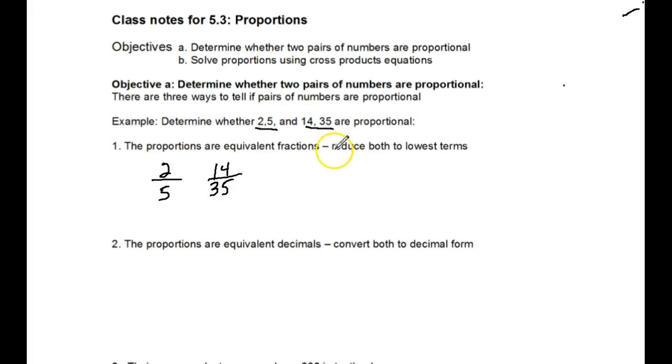You can reduce both of the fractions to lowest terms to see if they're actually the same fraction. Since 14 and 35 both divide by 7, if I divide 14 by 7, I get 2. 35 divided by 7 is 5. So I get 2 over 5 equals 2 over 5. Those are equivalent fractions, so the numbers are proportional.